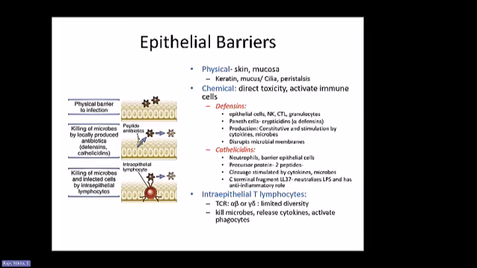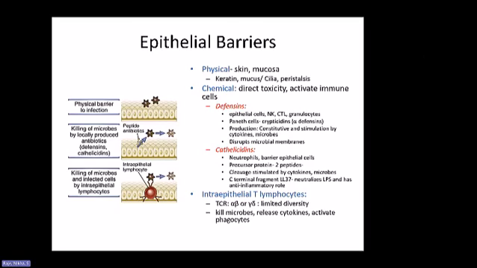These defensins can either be produced all the time, constitutive, versus it could be increased or stimulated by various microbes or cytokines. Cathelicidins are produced by neutrophils and epithelial cells, and these also are stimulated by cytokines and microbes, and again have an anti-inflammatory role.